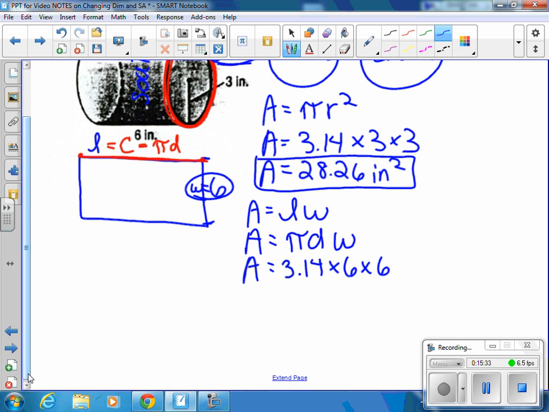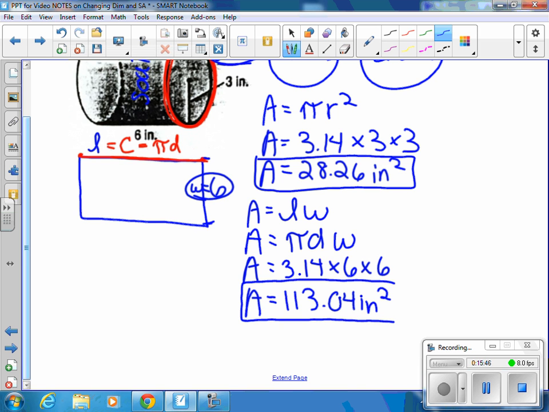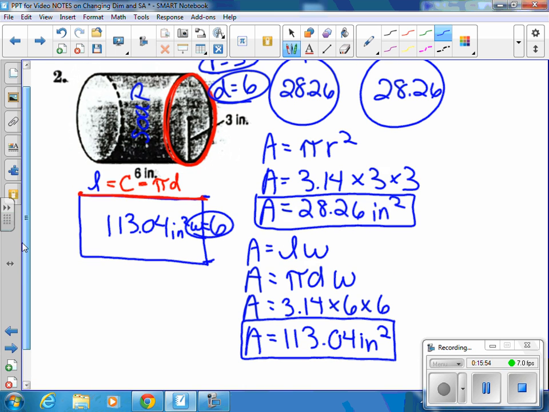When I do this math, I wind up with 113.04 inches squared. Remember, you can use your calculator. That's perfectly fine. All right, so this is my label, which I'm going to put in here, 113.04 inches squared. But again, composite area.